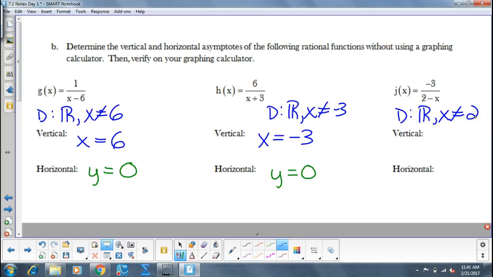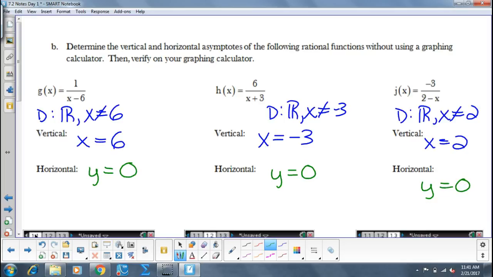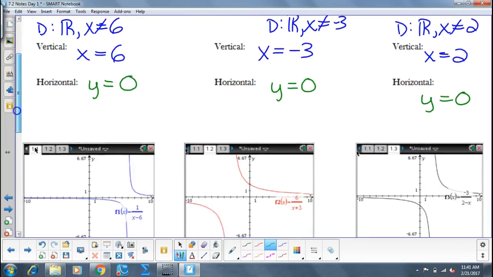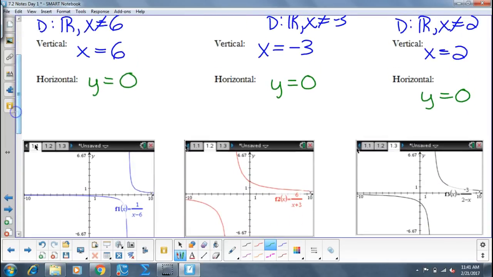So my vertical asymptote is X equals 2, and my horizontal asymptote would be there they are, verified. X equals 6 in the first one with the vertical asymptote, y equals 0 with the horizontal. Tough to see it in this middle one here, but it is y equals 0 still. Still has a vertical asymptote at x equals 3. Same over there.